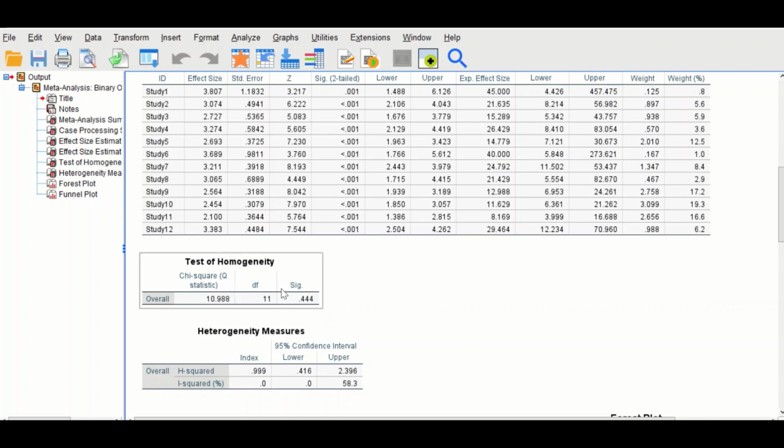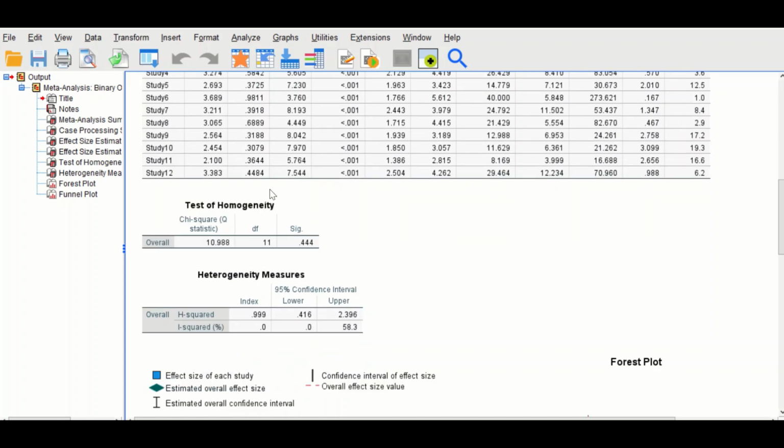So this test reflects the degree of heterogeneity between studies, and for the homogeneity test, a p-value greater than 0.05 indicates there is less heterogeneity and more homogeneity among the studies. So these 12 studies show that there is less heterogeneity among them.